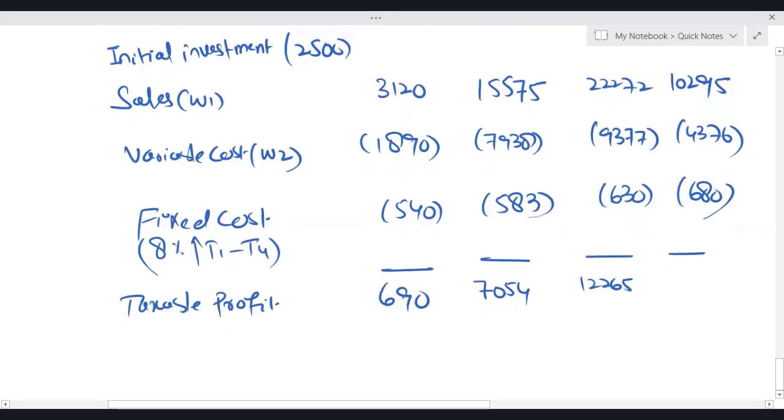I'm getting 5,239. This is the taxable profit.